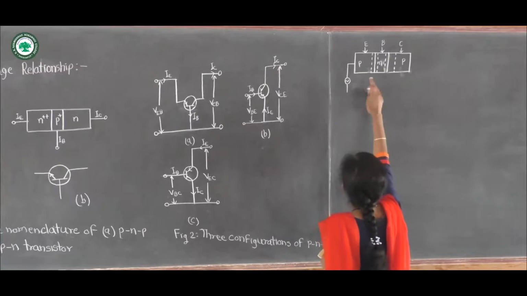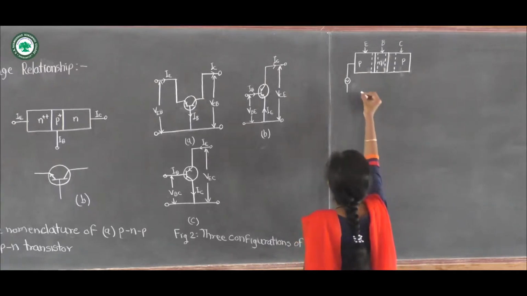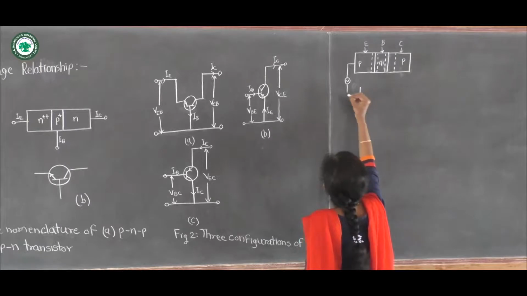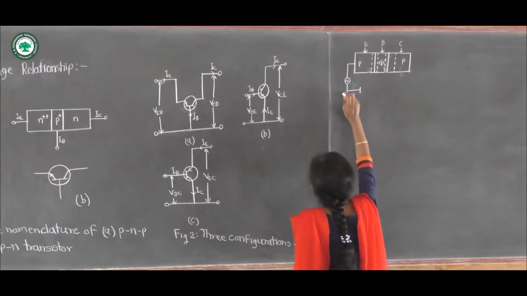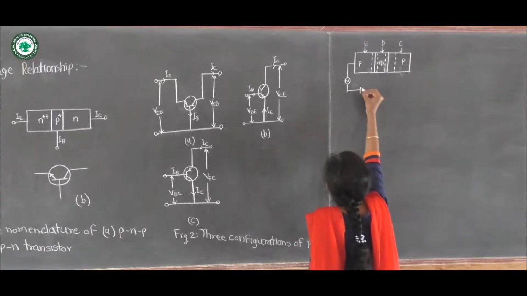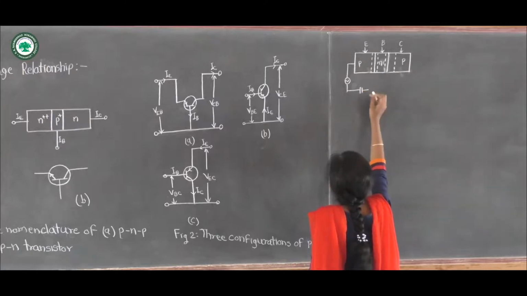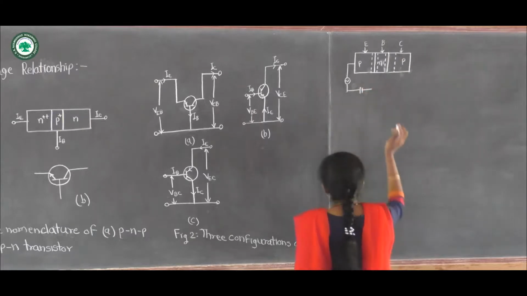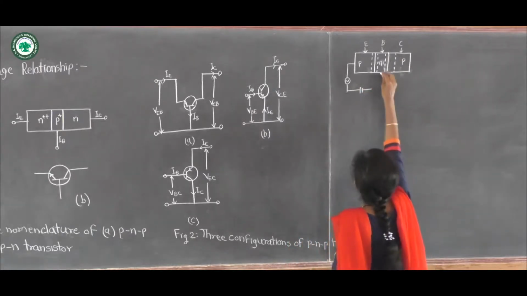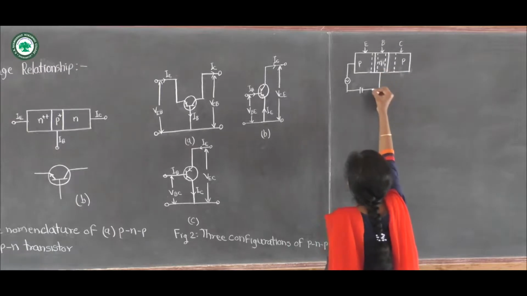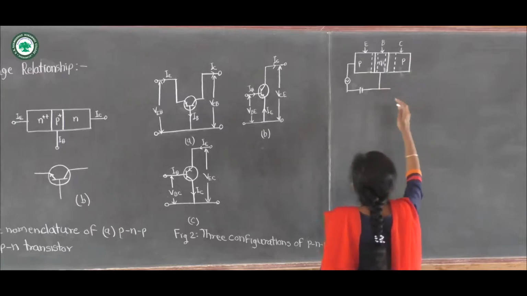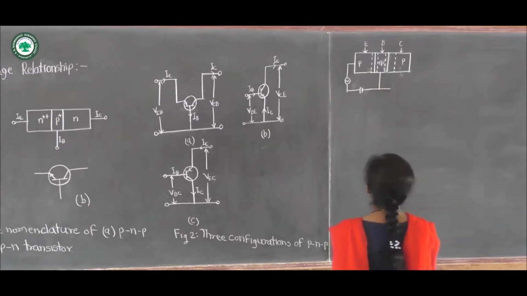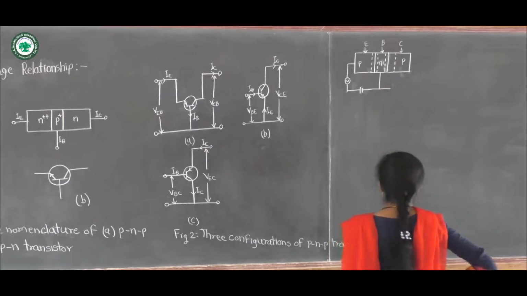As this emitter base junction is forward biased, the positive terminal is connected to P region and the negative terminal is connected to N region. And again this base collector region is reverse biased.